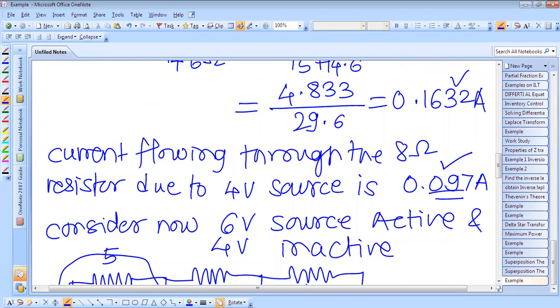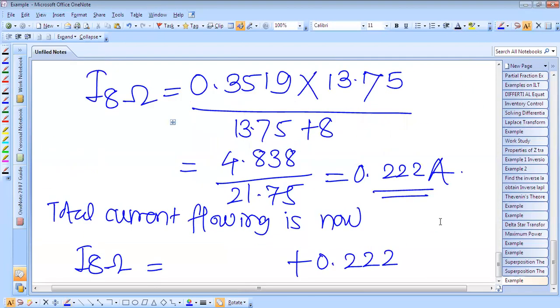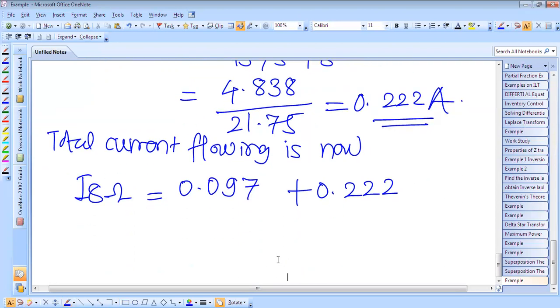It is 0.097. This we have to add to this.